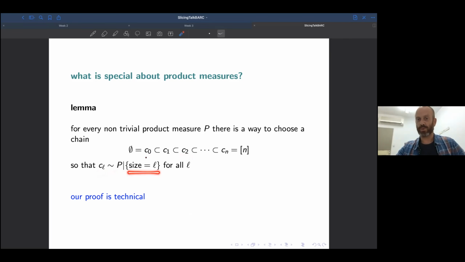This is the property of all of this chain. So the second element is chosen from P, conditioned on having size 2. The 10th element is distributed like P, conditioned on having size 10, and so forth. So this lemma is just the existence of a way to choose such a chain. Does it make sense? I'm not sure.